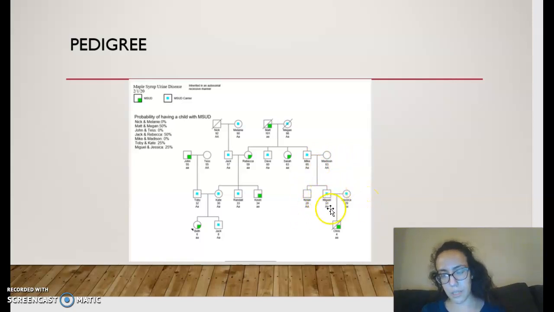However, Miguel here is a carrier of the disease, and he happens to marry Jessica, another carrier of the disease. Their child, Chris, presents with the disease, even though this generation did not have it. This usually doesn't happen for more than one generation, so as you can see, Mike had siblings who presented with MSUD.